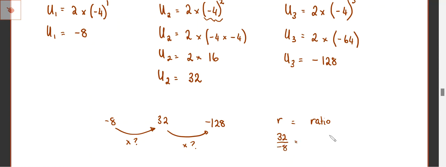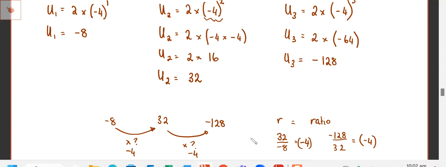Or we do negative 128 divided by 32. Can you do both of those for me and tell me what you get? That's negative 4. This is also negative 4, which is good, because it should always be the same thing every time.